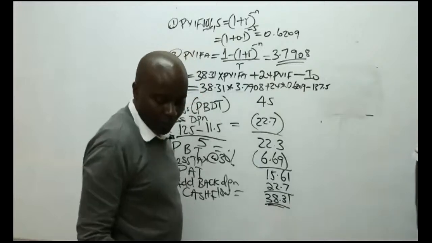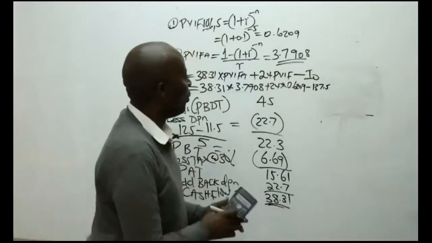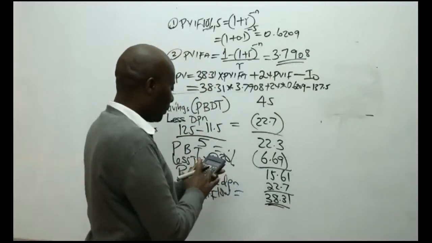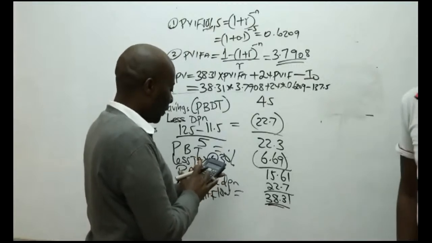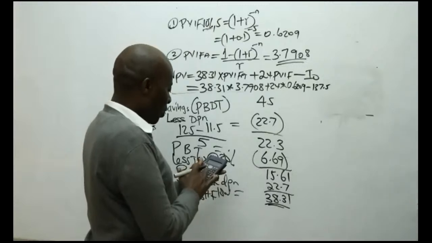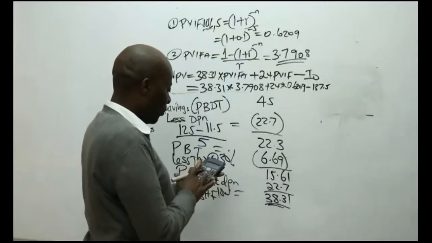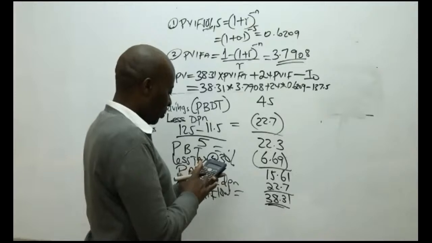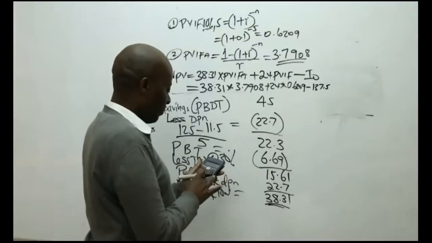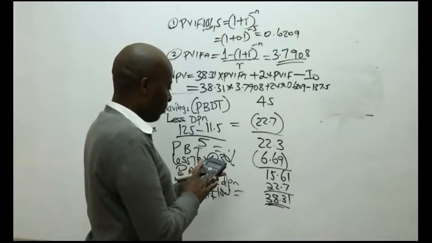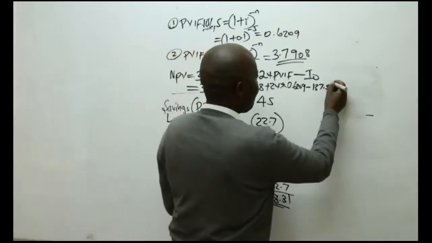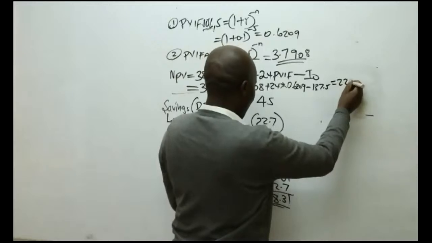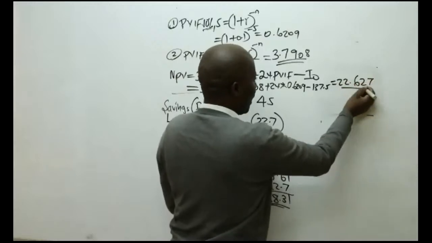At the end of the day, what we shall get, ladies and gentlemen, here will be 38.31 times 3.7908 plus 24 times 0.6209 minus 137.35, which in this case here gives us 22.627 net present value.